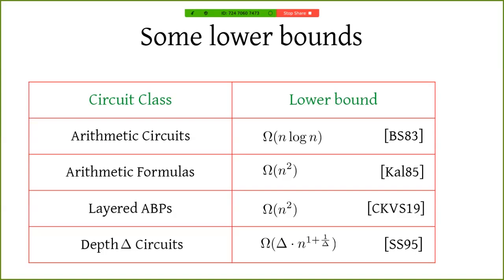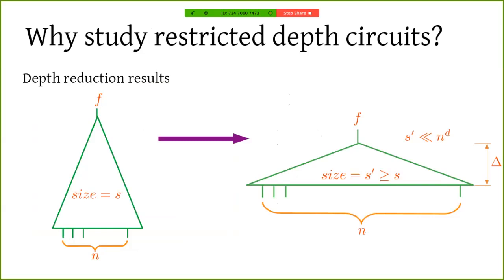In particular, a lower bound of omega of delta times n raised to 1 plus 1 by delta is known for depth delta circuits. As far as arithmetic circuits are concerned, not only are restricted depth circuits a natural subclass, but they are also a very powerful subclass because of what are known as depth reduction results. A depth reduction result is a result of the following form.